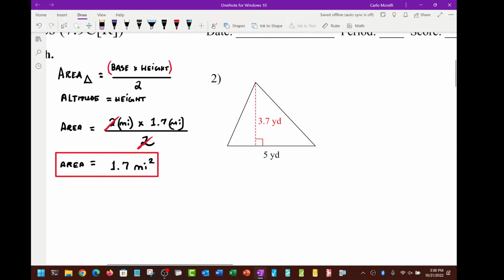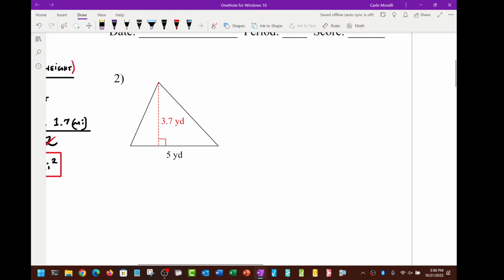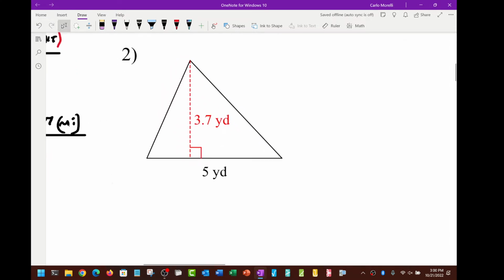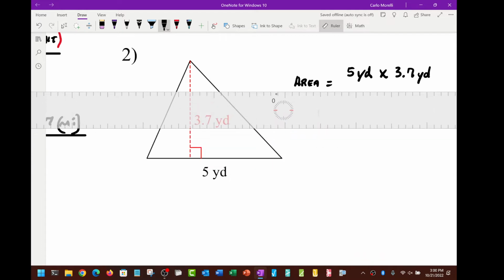Okay, so now we're going to move on to number 2. Here we've got 5 yards as the base times 3.7 yards, divided by 2.